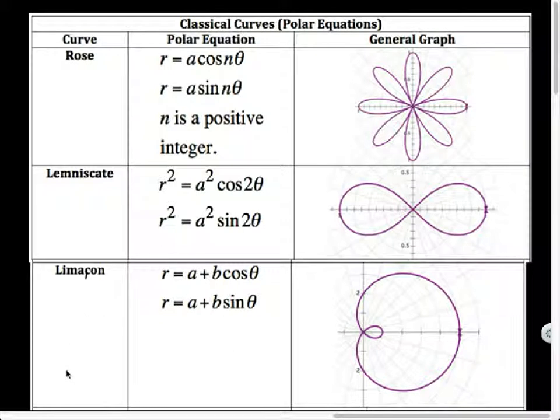Well, anyways, it's basically like a magnifying glass symbol, except it's a broken magnifying glass. So yeah, this is a limaçon, and that's when it's got the inner loop. And a subset of the limaçons are the cardioids. And the cardioids, as we saw, were the heart-shaped ones.